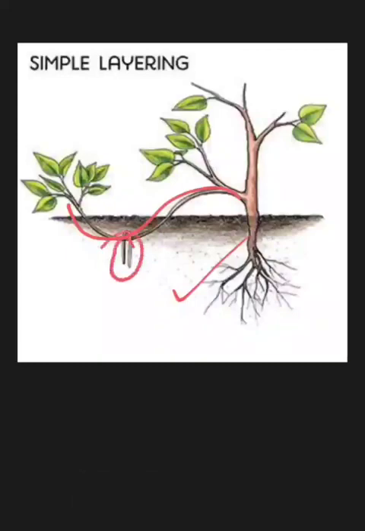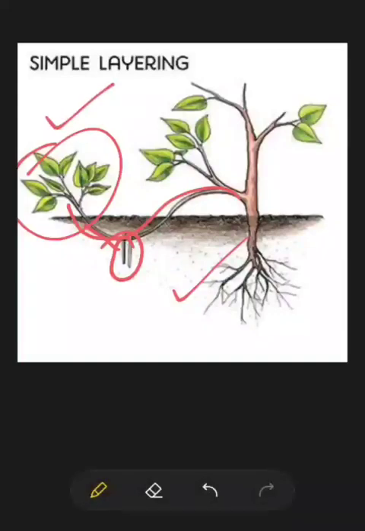So here it has developed a root-like structure, as a result of which new leaves are coming, and slowly, when this plant starts to grow further, it will get cut off from the parent plant and start to grow as a separate plant itself.